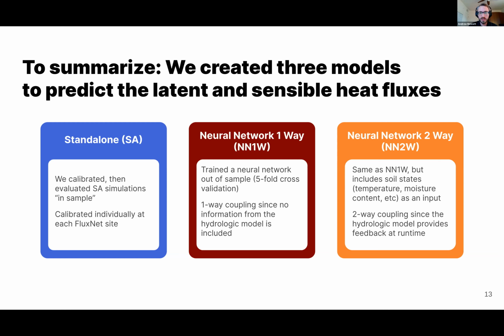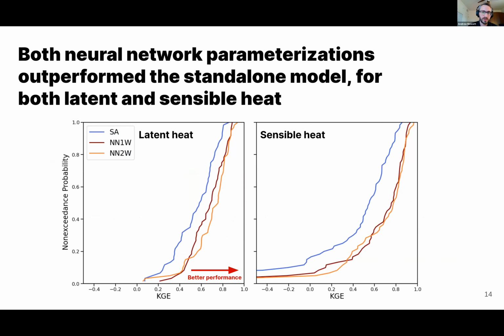And so when we do this, the high level result is that both of the neural network parameterizations outperformed the SA model for both of the heat fluxes.